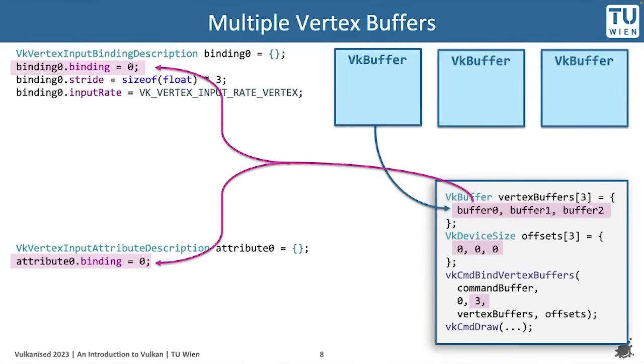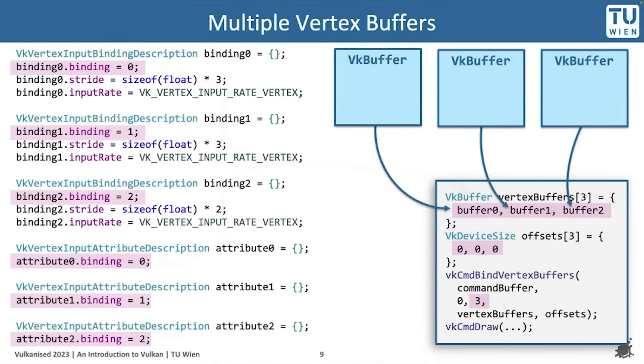This time we will use 3 of these buffers. So our array will contain 3 buffers, and the offsets also need to contain 3 zeros. And we need to specify that we will use 3 with the vkCmdBindVertexBuffers function. And because we will use 3 buffers, we also need to specify 3 of these structs.